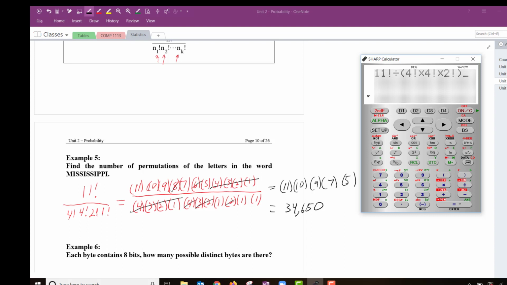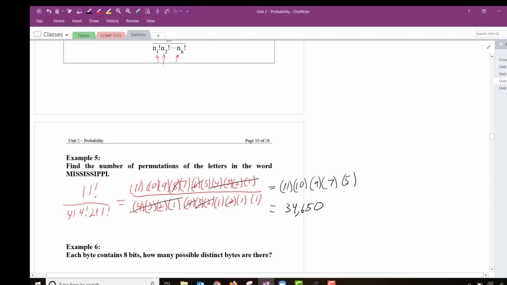So I'll save myself a couple button pushes, and you'll see that we end up with 34,650. So now you know where your factorial button is on your calculator. Just be aware that you probably never even looked at above some of those buttons on your calculator before. And you don't even need to be in stats mode to use that. That's just there.